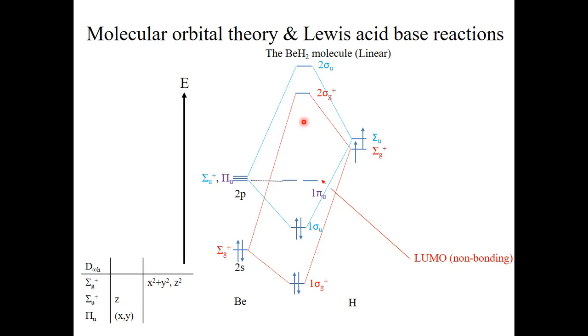If that LUMO, however, was bonding, then its energy would likely be so low that electrons from a partner would probably be completely transferred. And again, you would most likely get a redox reaction. Therefore, an approximately non-bonding character is ideal, because then the energy of the LUMO is neither too high nor too low.